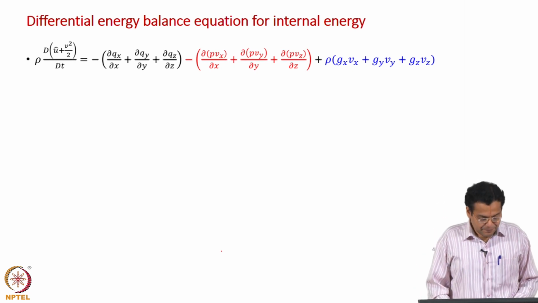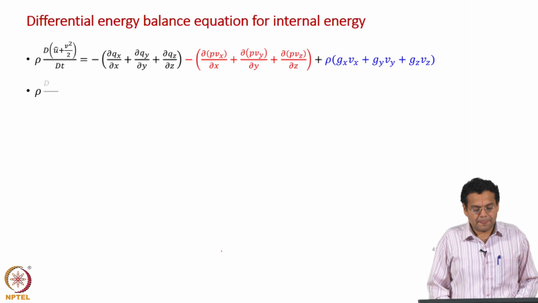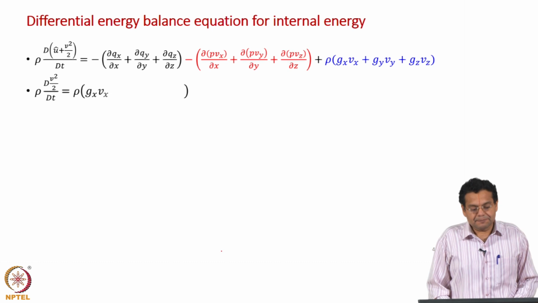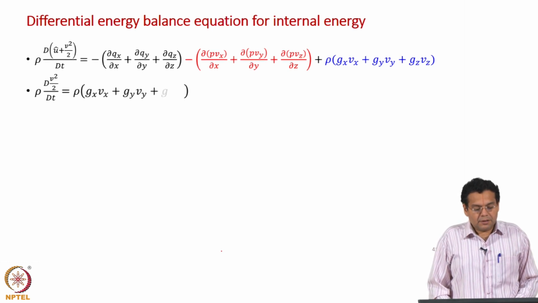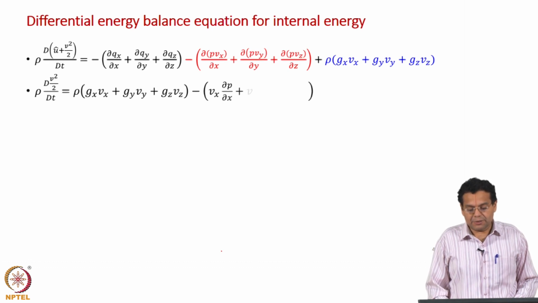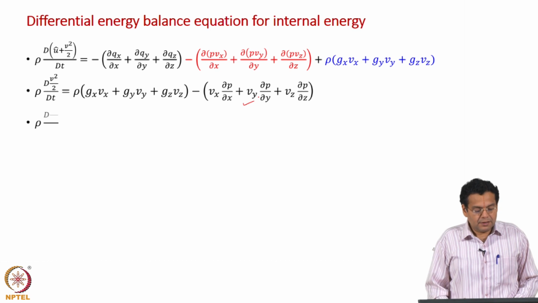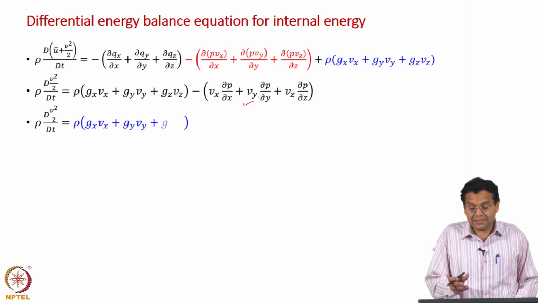Okay. That is the differential energy balance equation for internal and kinetic energy. And this is the equation which we obtained for the kinetic energy from the linear momentum balance equation, and then we took this term and expressed it as the sum of 2 sets of terms, and now we will understand why we really did that.